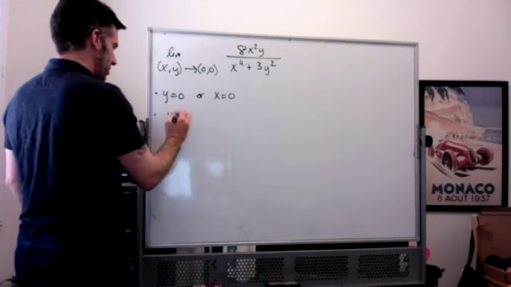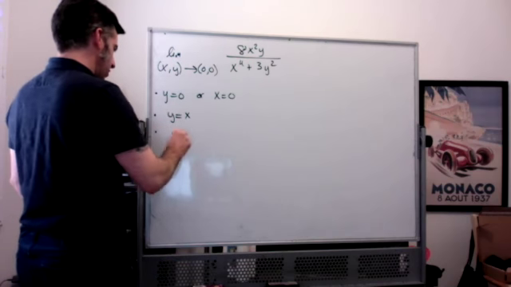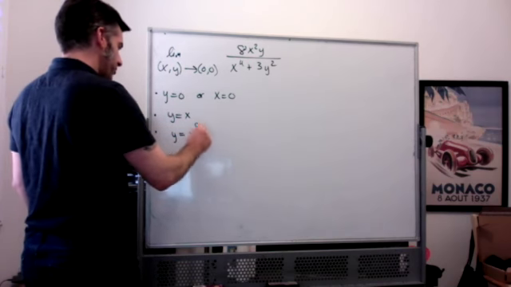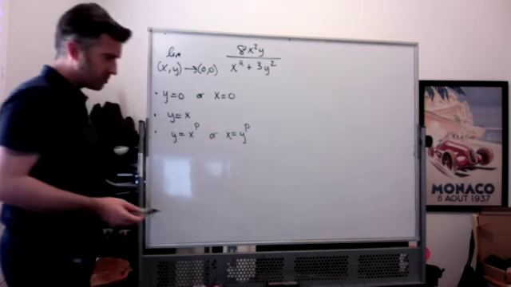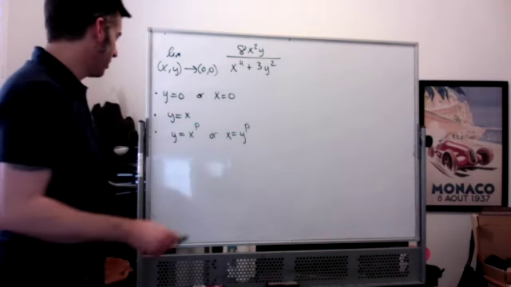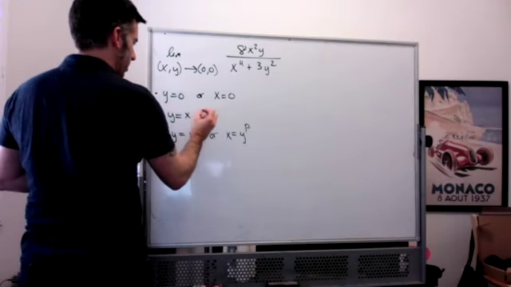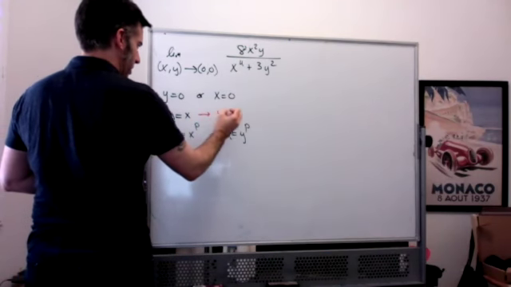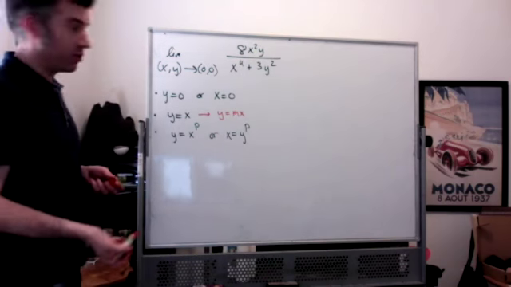y equals x is a super common choice. y equals x to a power, or x equals y to a power. The power can be positive or negative. More generally, we often pick y equal to a multiple of x, or x equal to a multiple of y.